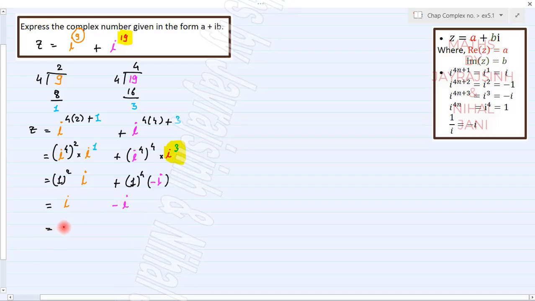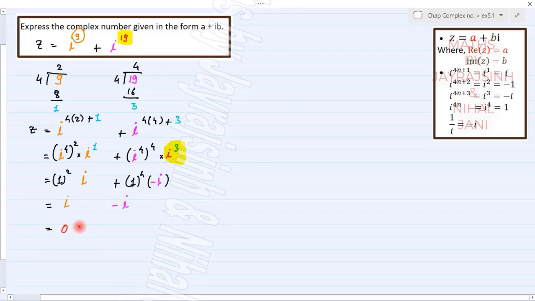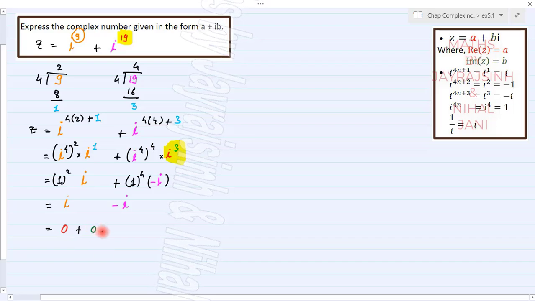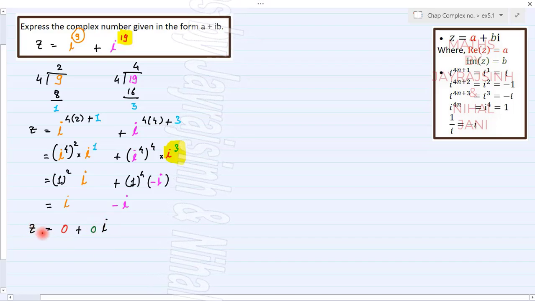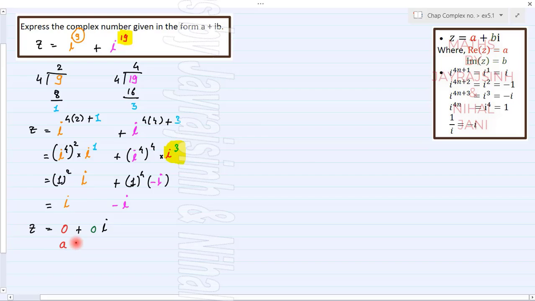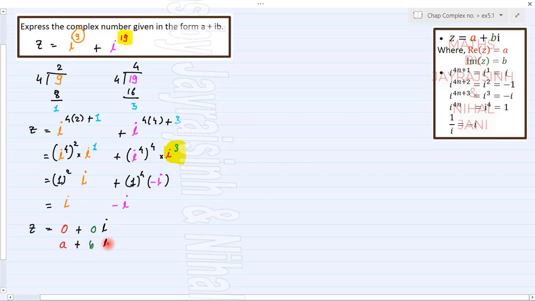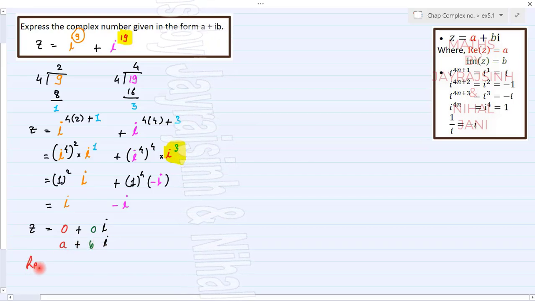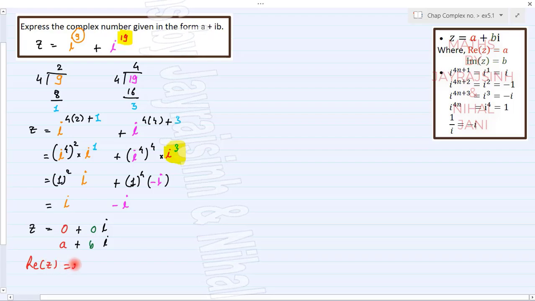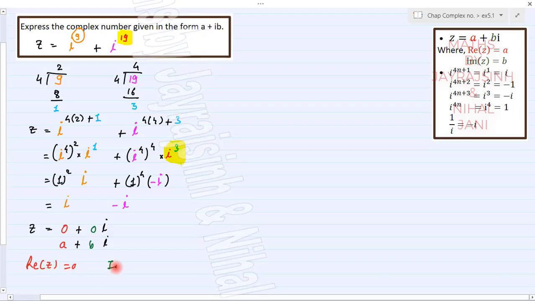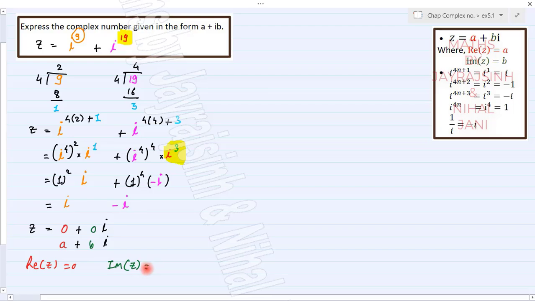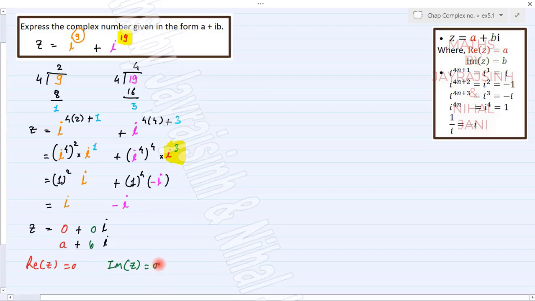So i minus i will be 0 plus 0i is your complex number in the form of a plus bi, where real part of the z is 0 and imaginary part of the z is also 0. Ta-da!